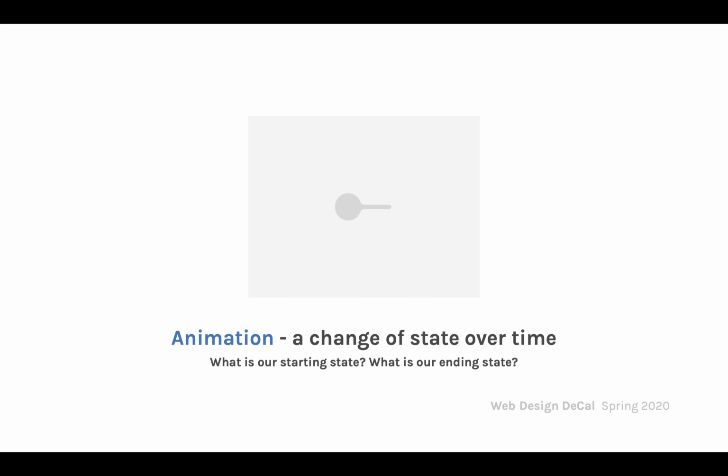The starting state, let's say, is airplane mode turned off. When we click the button, it will play an animation. The starting state will be when the button's off, and the ending state will be when the button's on, when it's all fully green. So that's an example of an animation, and that's the actual definition of an animation. So keep in mind, we're looking at multiple states: a starting state and an ending state.